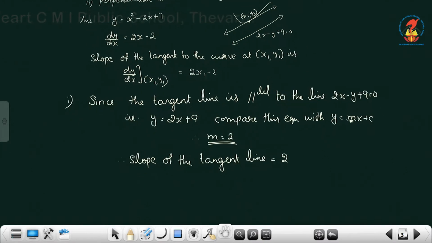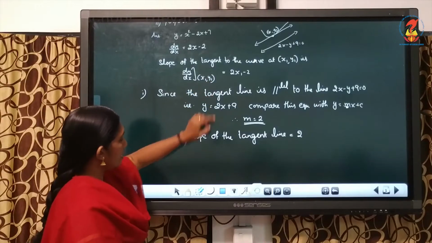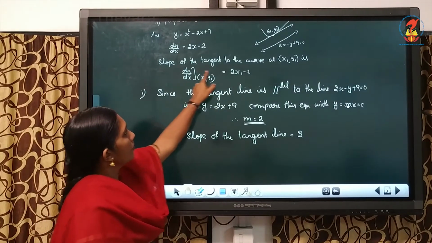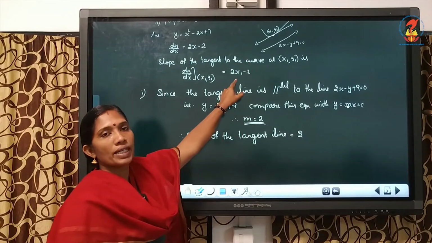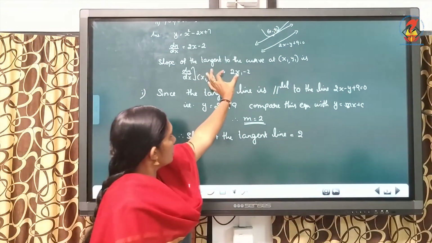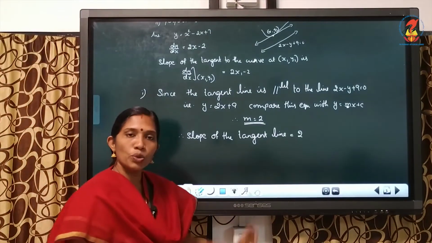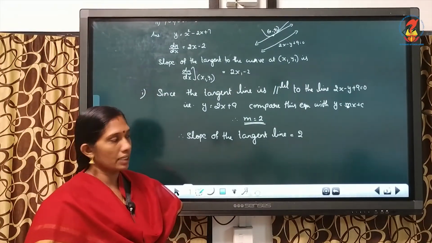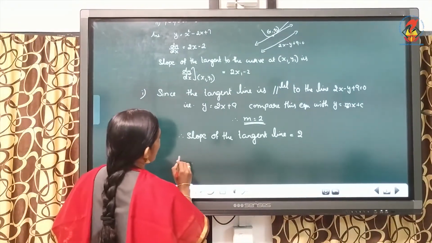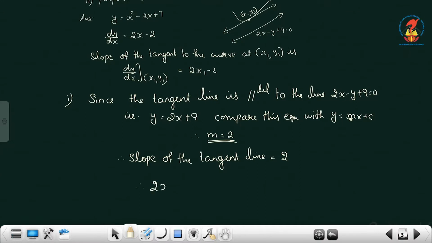Now, what did we write here? Slope of the tangent to the curve is 2x1 minus 2. So, this 2x1 minus 2 and 2 are equal, isn't it? Therefore, 2x1 minus 2 is equal to 2, or 2x1 is equal to 4, or x1 is equal to 2.